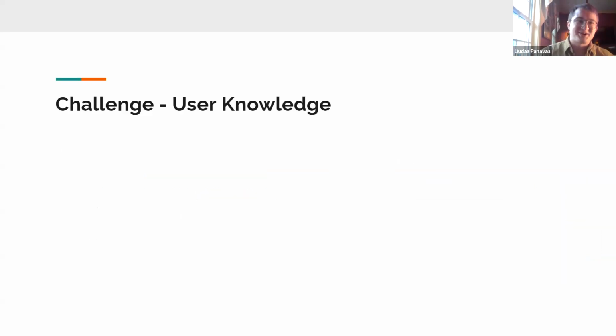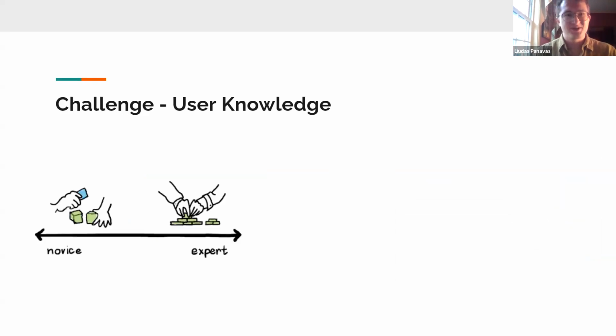And from that, I have two major challenges that I'm facing with implementing it and deciding how to go forward with the prototype. The first is user knowledge. There is a pretty big spectrum of people's experience with differential privacy and background technical skills, from a novice to an expert.